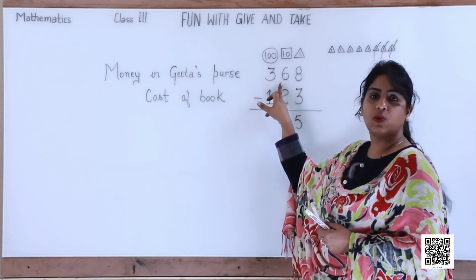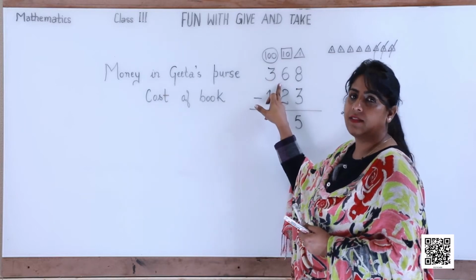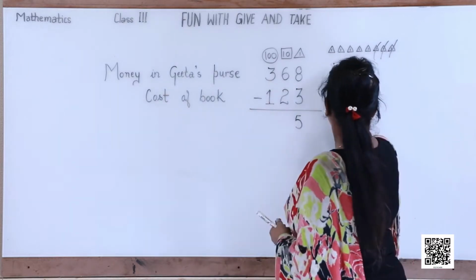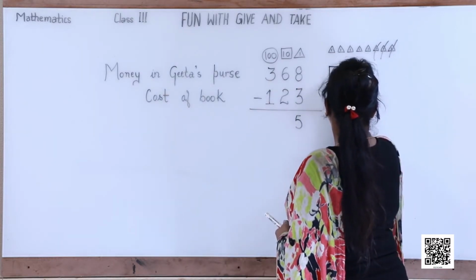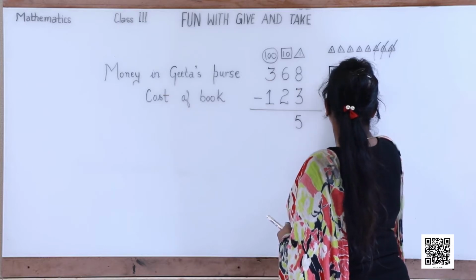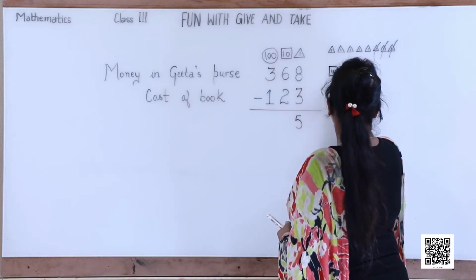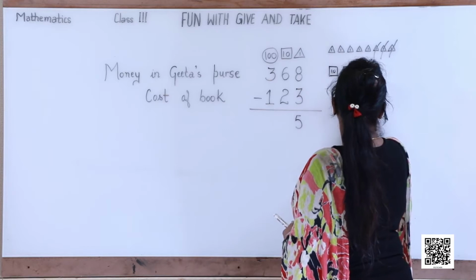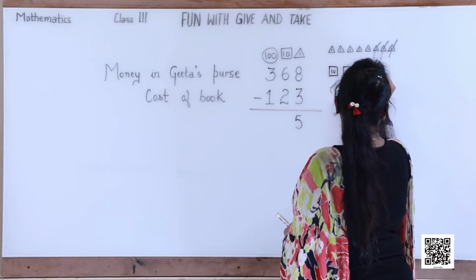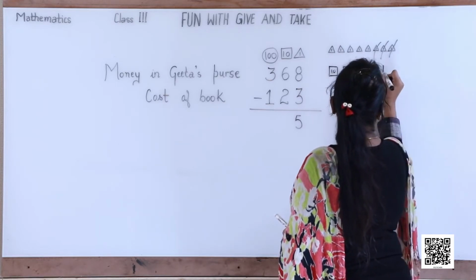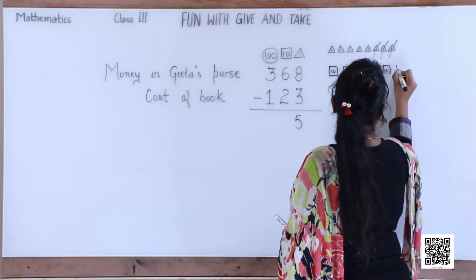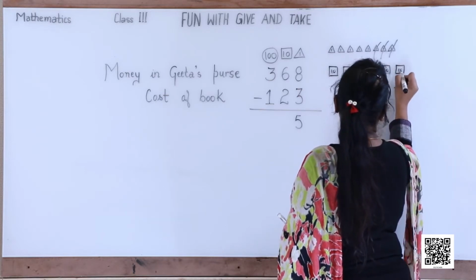Now look at the tens. How many tens do we have? 6. Very good. So let's draw 6 here. 6 tens: 1, 2, 3, 4, 5 and 6.